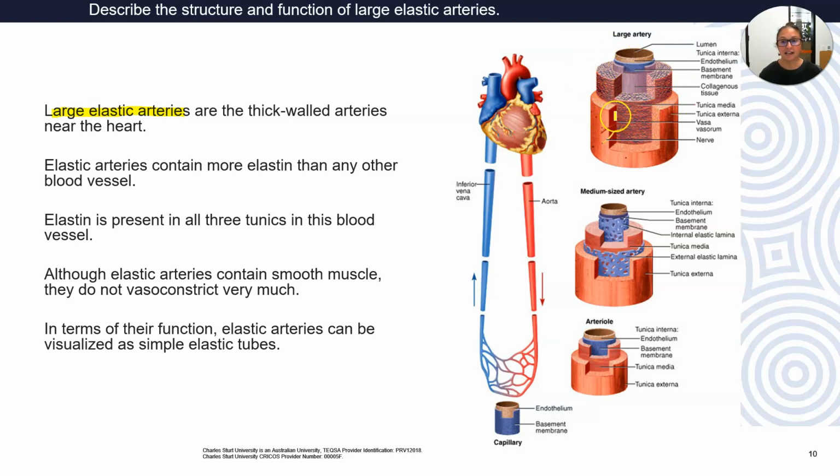These arteries have lots of elastin in them. It's present everywhere. And they don't have a lot of smooth muscle. So these large elastic arteries work a lot like large, simple elastic tubes.